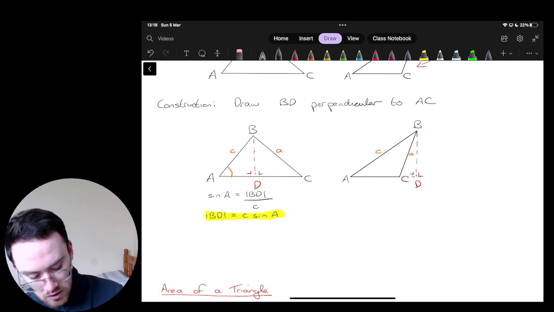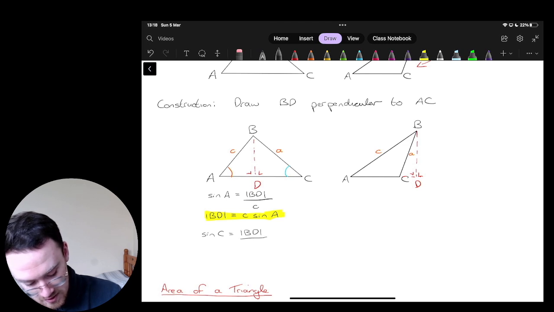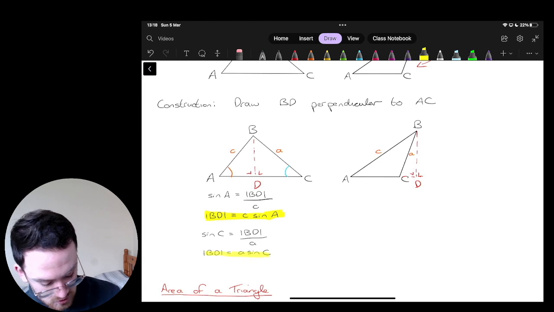What I want to do then is look at angle C. So sine of C is again BD, but this time over A. So I get that BD is A sine C, which again gives me two equations.